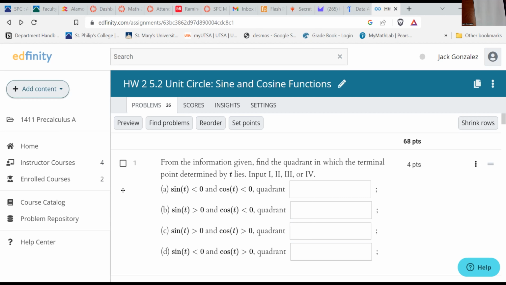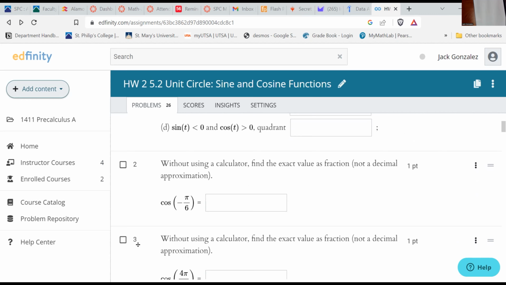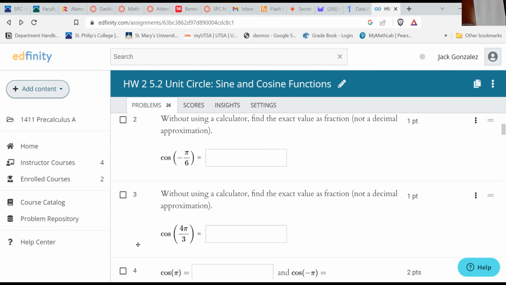The other thing we didn't mention, I don't want you going to the homework and feeling like we didn't talk about this stuff. I just forgot. When they say cosine at some angle, you just go to that angle and find it on the unit circle.